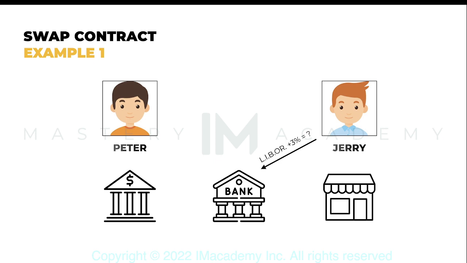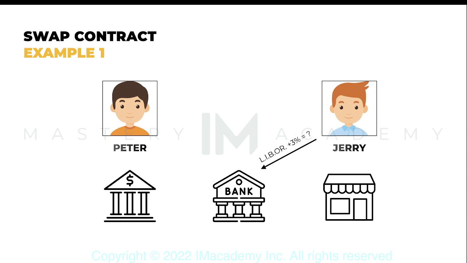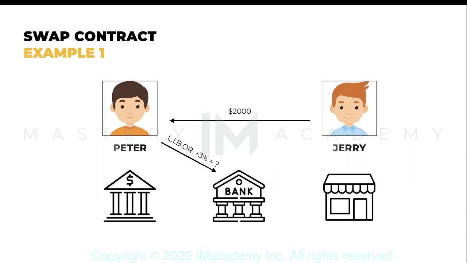So Jerry is driven crazy by the fact that he cannot estimate and predict how much he will be paying in the next couple of months. Therefore, why does Jerry even come to Peter? Because he seeks predictability. So he comes to Peter and they agree that Jerry is going to pay Peter $2,000.